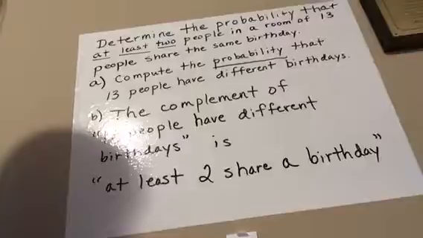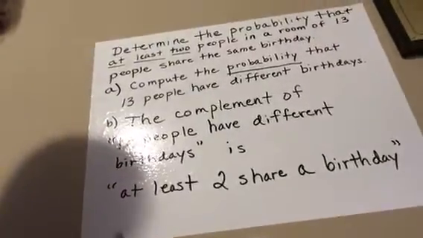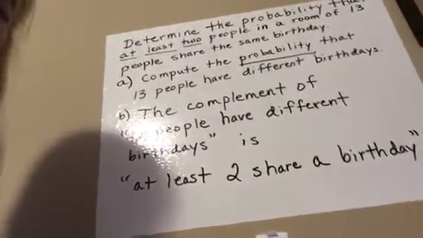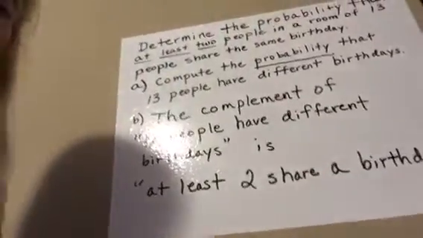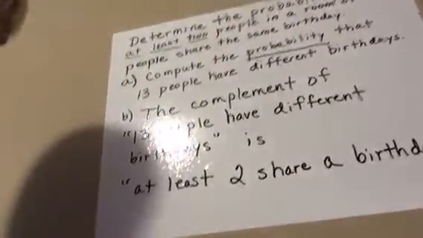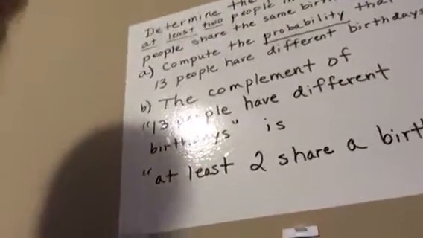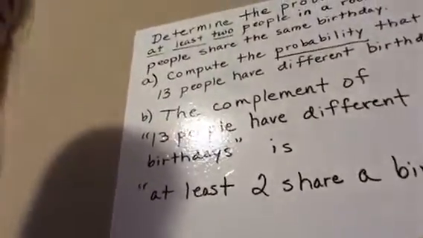Now, I'm not going through all the theory of why that's right. That is in your book, okay? So since they're helping you here, all you have to do is find the complement. And, of course, we're supposed to know what that means. So all we have to do is find the complement of A in order to get our answer to B.